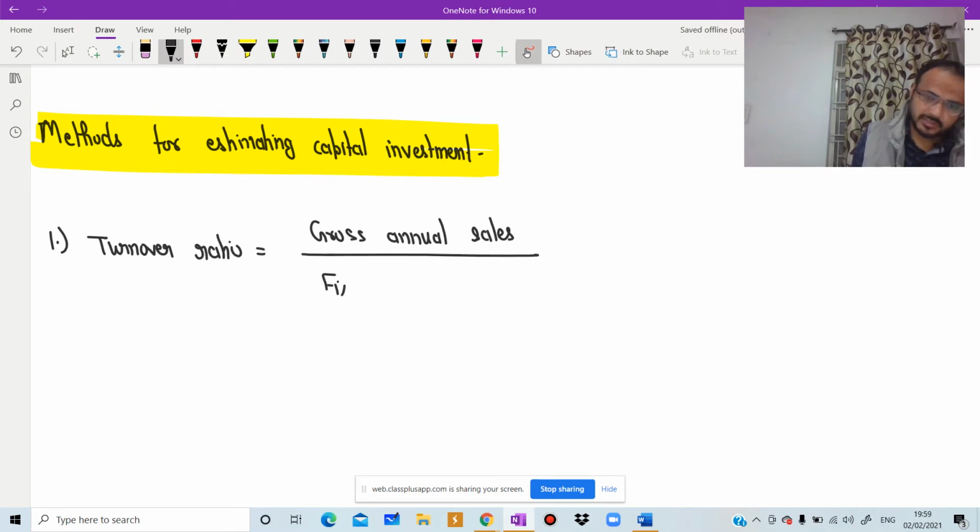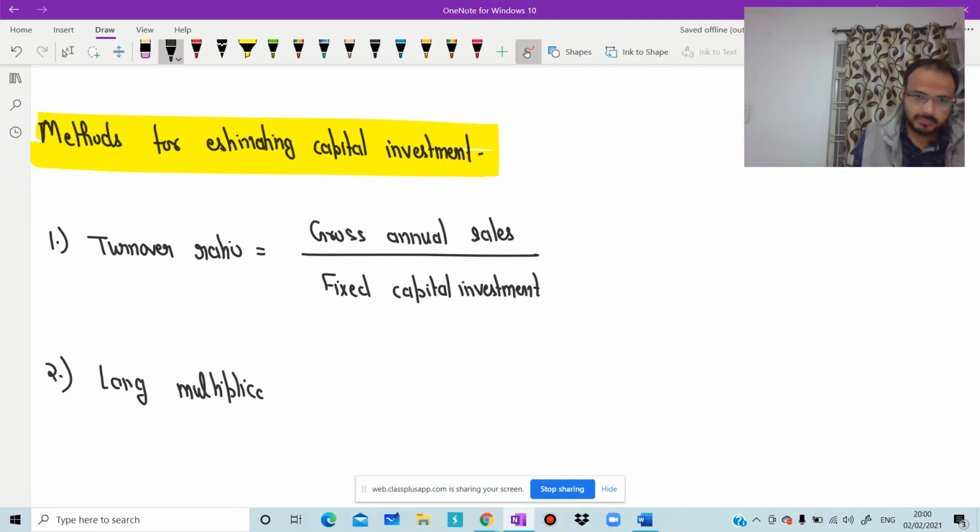The product of the annual production rate and the average selling price of the commodities is known as the gross annual sales. And one more thing, the reciprocal of the turnover ratio is known as capital ratio or investment ratio. Second one is Lang multiplication factor.